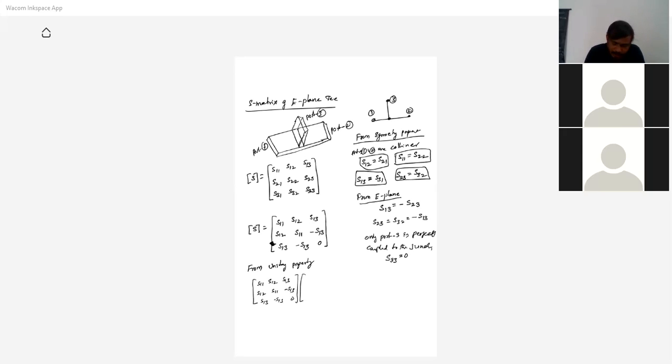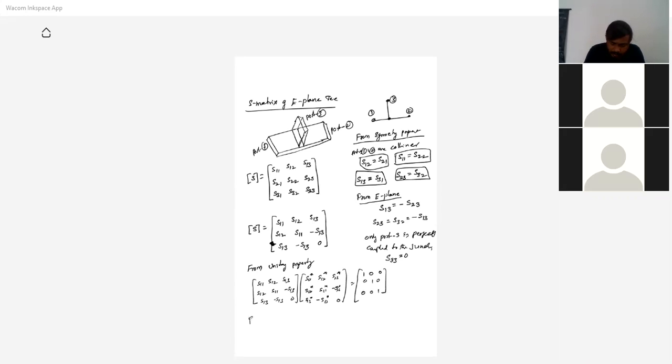Then we can take the conjugate, S11 conjugate, S12 conjugate, S13 conjugate, S12 conjugate, S11 conjugate minus S13 conjugate, S13 minus S13 conjugate, 0. That is equal to, so same procedure that we did for the previous one, we can follow. So 0, 0, 1.